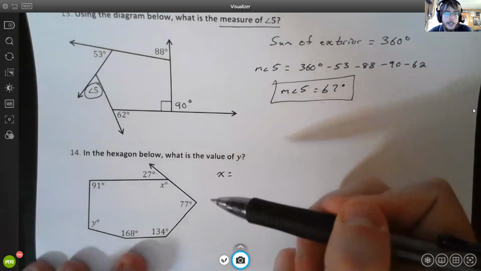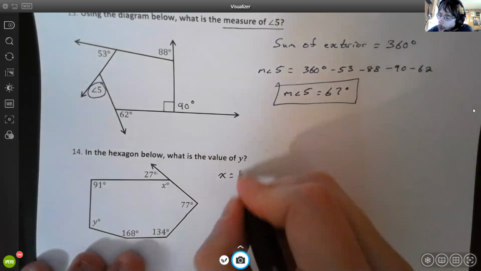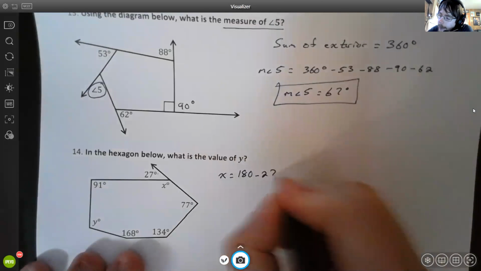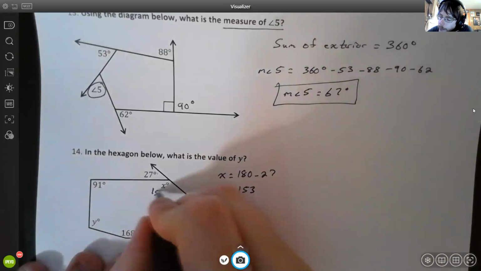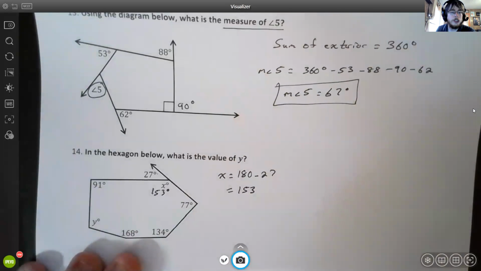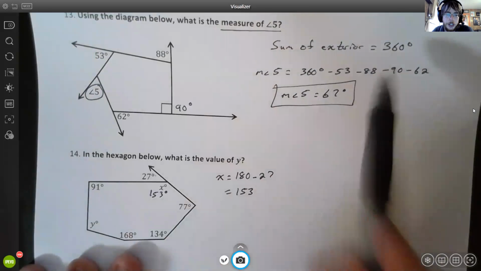They're on the same line. They form a linear pair. So x would have to equal 180 minus 27, which would be 153. So x is 153.